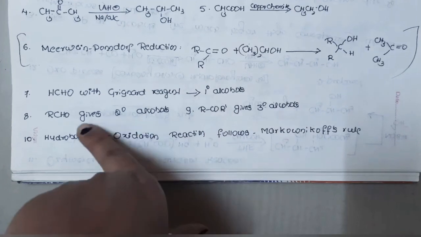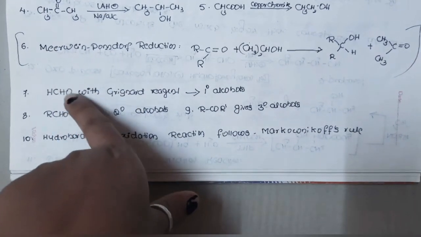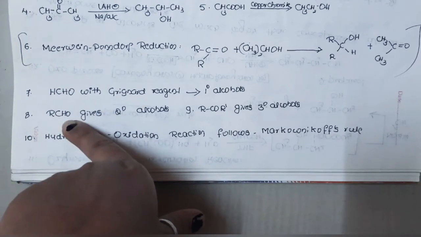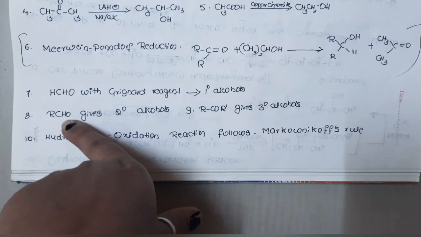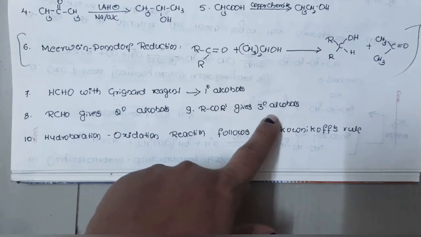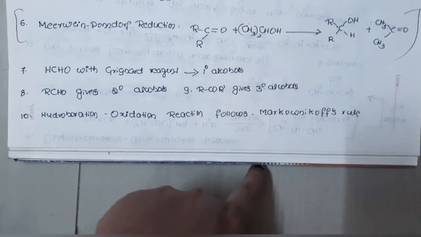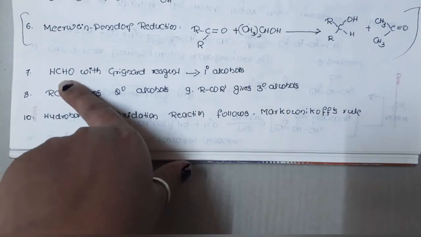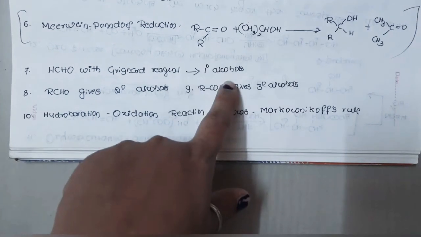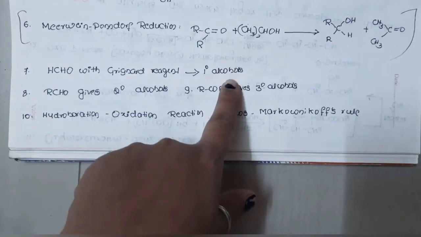Other than formaldehyde, if I use acetaldehyde or propanaldehyde, those aldehydes give secondary alcohol, and the ketones will give tertiary alcohol. That you have to remember. If I say formaldehyde, don't think that it is going to give a secondary alcohol. No, because there is an absence of one methyl group over here. We have only hydrogen, so obviously it results in the formation of a primary alcohol.